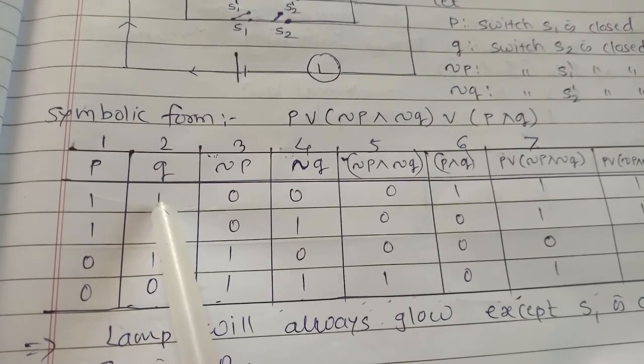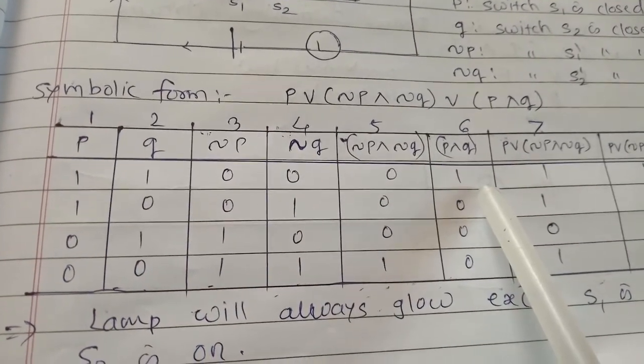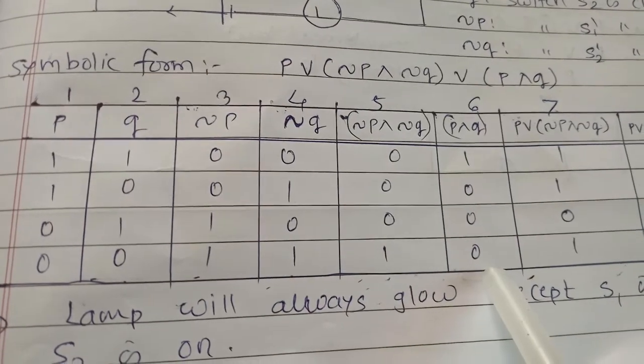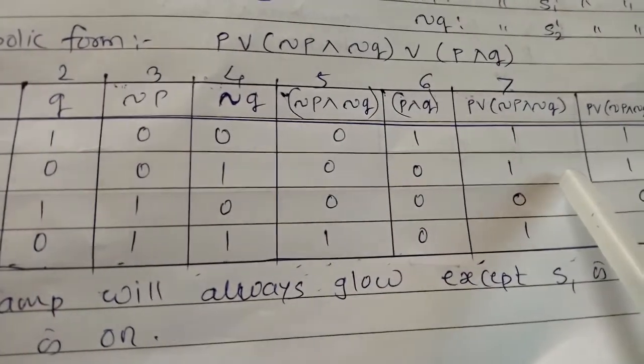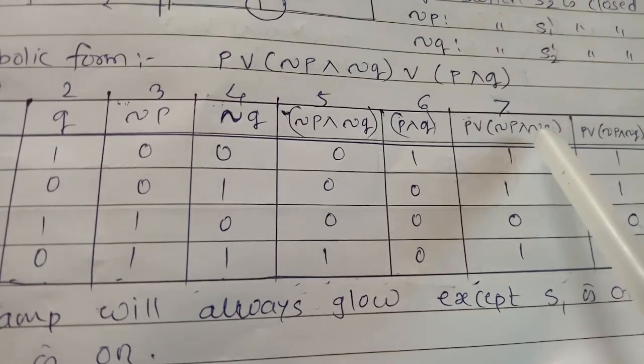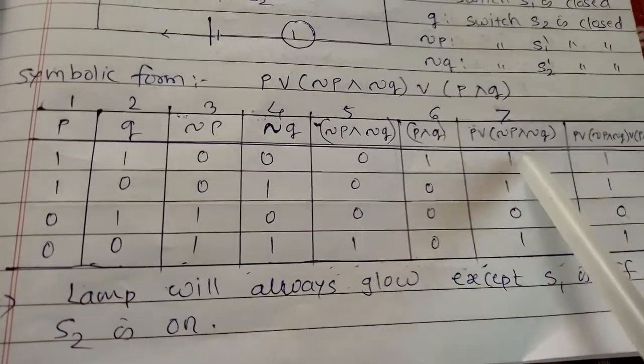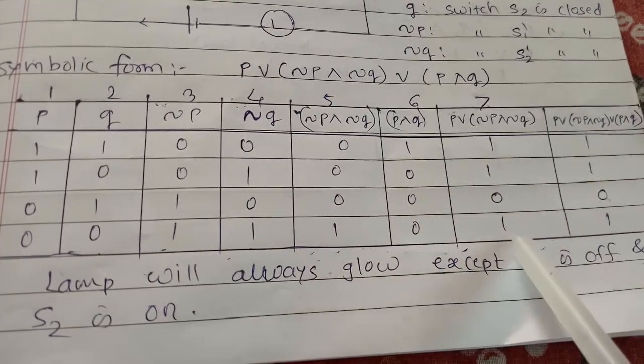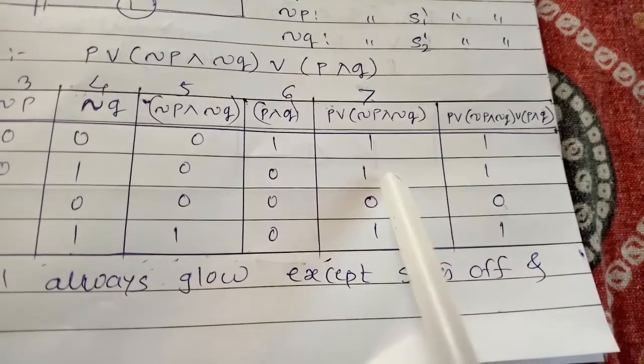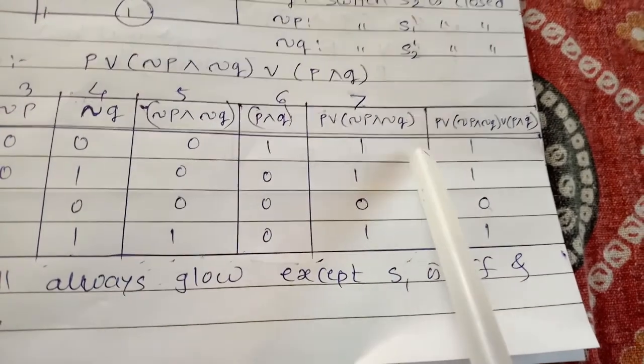So first one, that is 1 1, so here we write 1, that is true, and the remaining are false statements. Next one, P disjunction, meaning between the first column and the fifth column we have to take the disjunction. Third one, that is 0 0, then it is 0, otherwise it is true, so the remaining are 1 1 1, and this one is 0. And in the last one, that is P disjunction negation P conjunction negation Q.